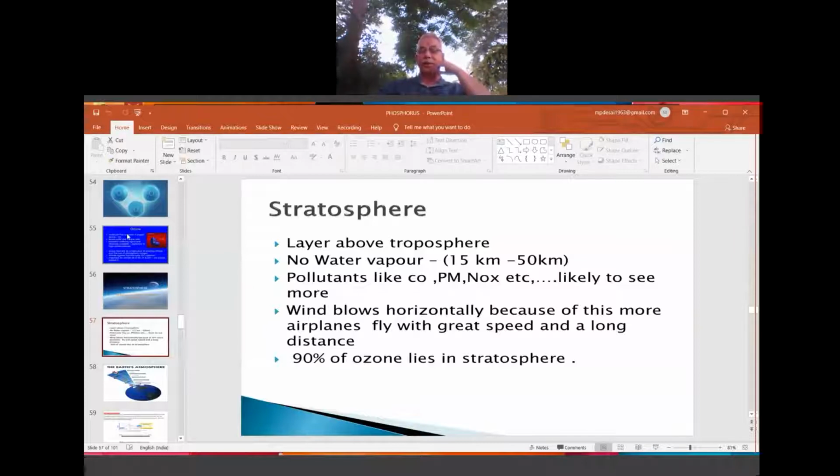Let us see the fourth point. Wind blows horizontally, because of this more aeroplanes fly with great speed and long distance. Air traffic control, ATC, normally allows planes above the clouds, just in the troposphere, but supersonic jets fly in the stratosphere.